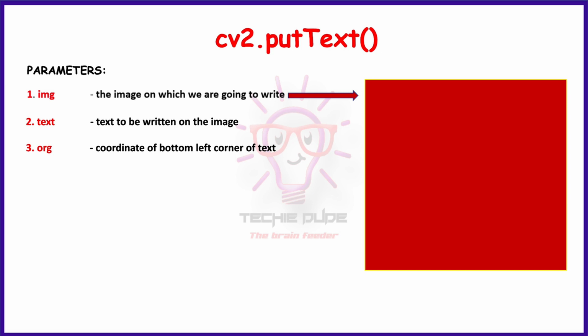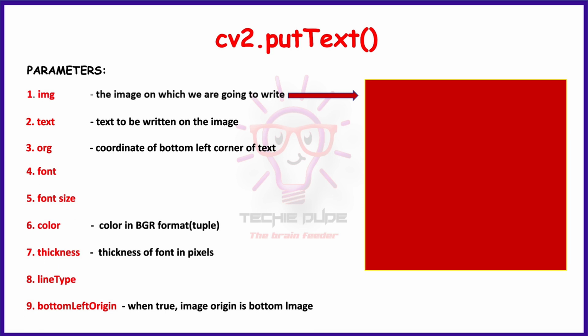And the next few parameters are font, font size, color, thickness, line type, bottom left origin. Font is the type of font which we are going to use, and OpenCV has some predefined fonts. Font size varies with font, then color, thickness, line type, and bottom left origin is the parameter which is used to change the origin of the image to the bottom left.